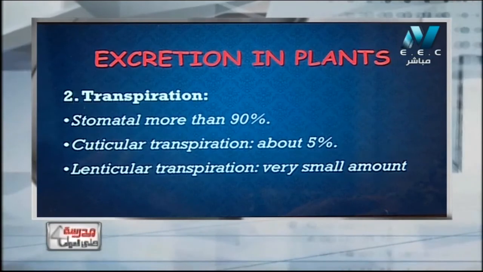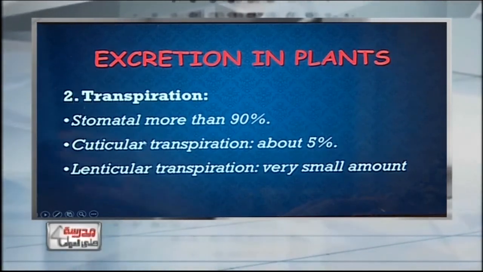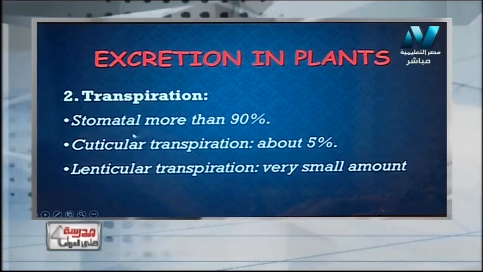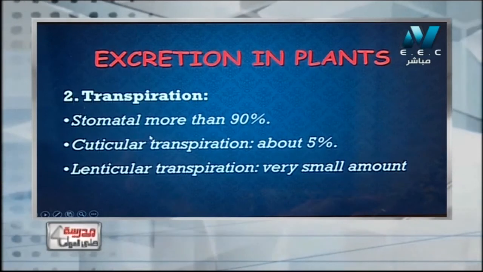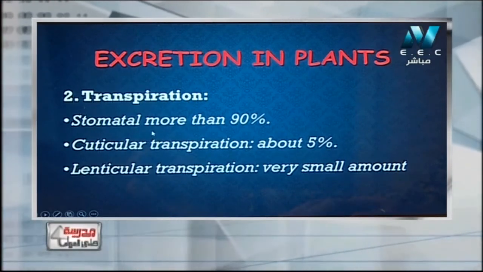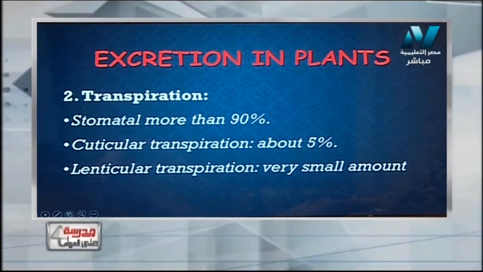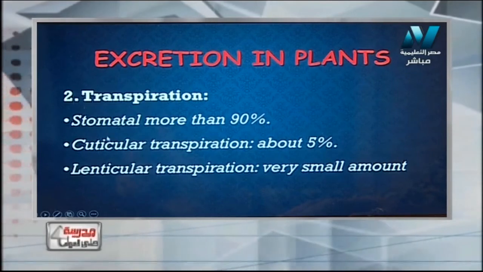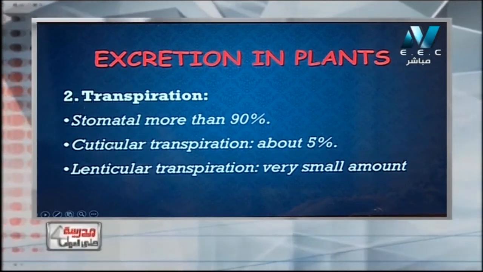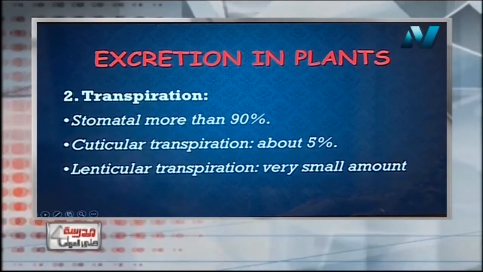In certain plants guttation occurs, but transpiration occurs in all plants. In guttation, the plant gets rid of this water through a device called a hydathode, but in transpiration the water goes out of the plant through stomata, the cuticle layer, or lenticels. So three ways.